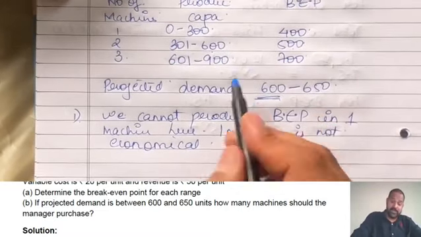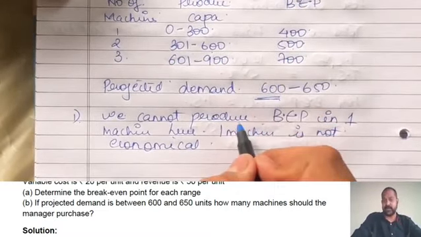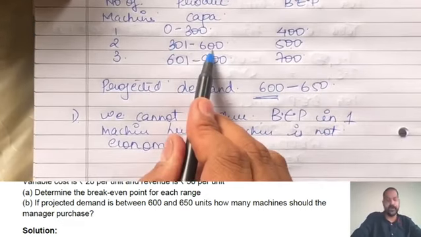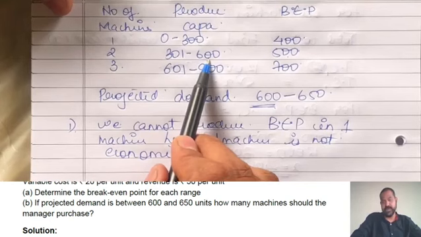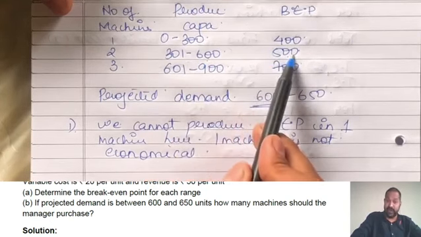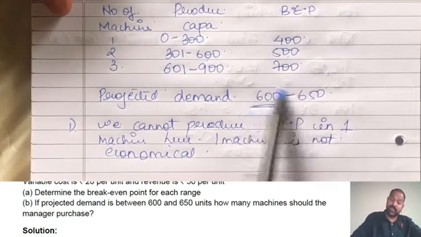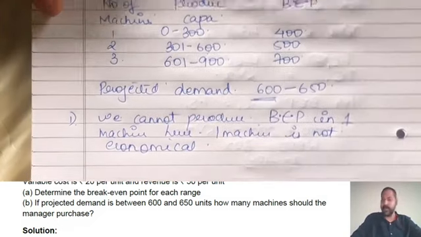Now, if you are asking me exactly 600, then I would suggest make it with two machines, because two machines have the capacity of 600 units, and because the break-even is at 500 and you are crossing the break-even, you will definitely make a profit.